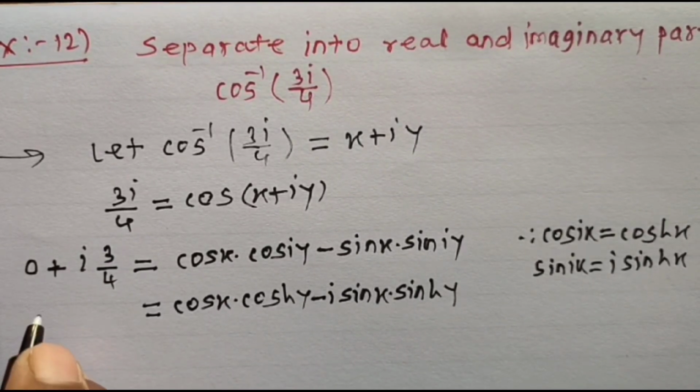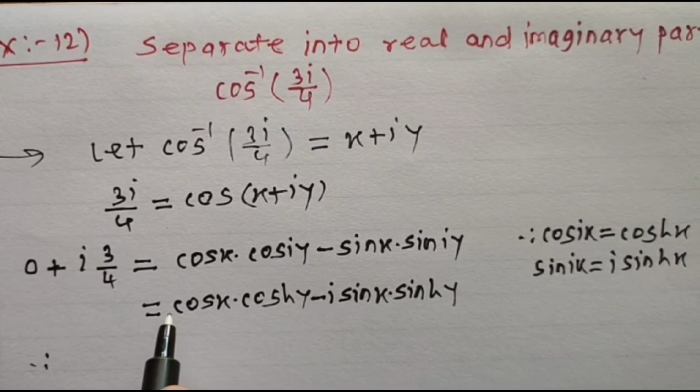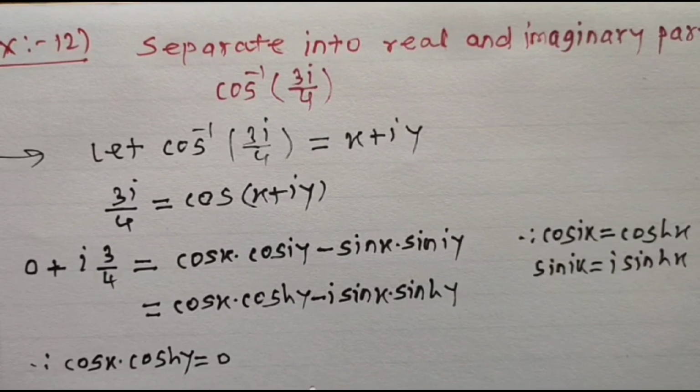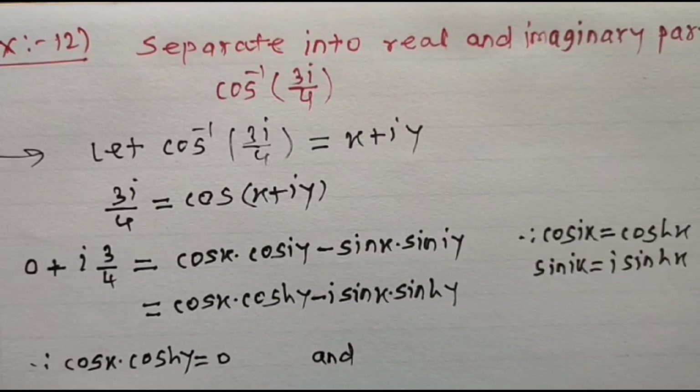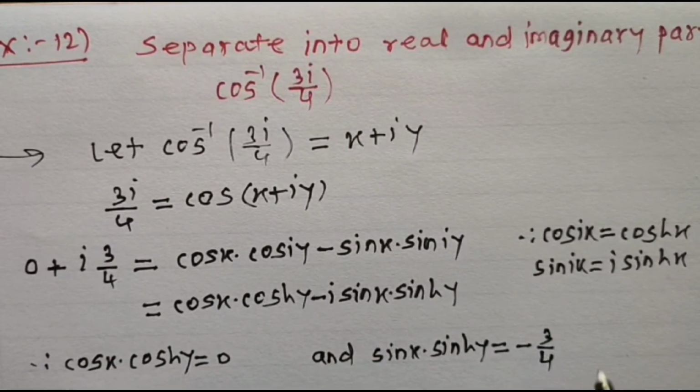Left hand side is complex number, right hand side is complex number, and two complex numbers are said to be equal if their real parts are equal and their imaginary parts are equal. Hence, considering real parts, cos x into hyperbolic cos y is equal to 0, and considering imaginary parts on both sides, sin x into hyperbolic sin y is equal to minus 3 upon 4.